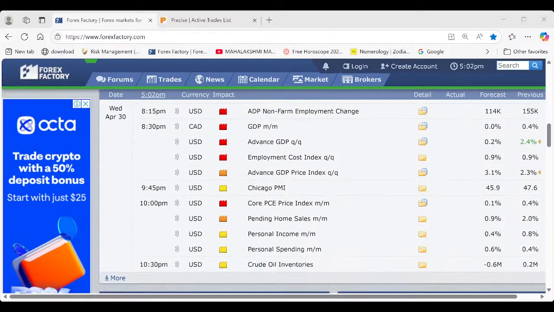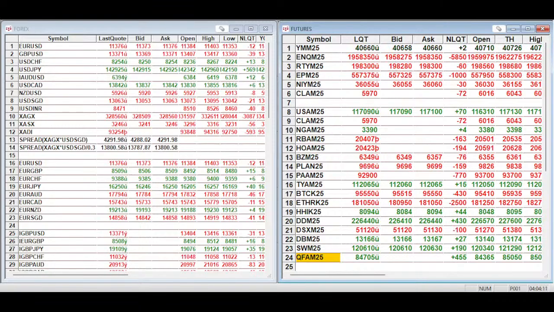We also have a core PCE price index from the US. So these are the key data that is going to be out tonight.